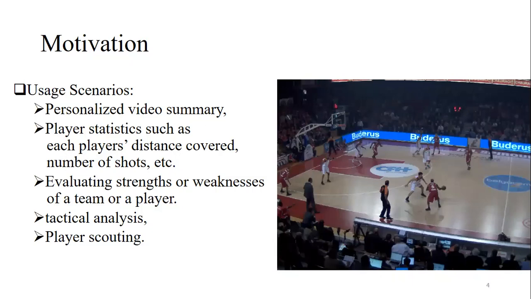The motivations are its usage in several applications, such as personalized video summary and player statistics, for example, player's distance covered, number of shots, number of passes, etc. Based on player statistics, we can evaluate the weaknesses and the strengths of the player and the team. Player identification also can be used in tactical analysis and player scouting.